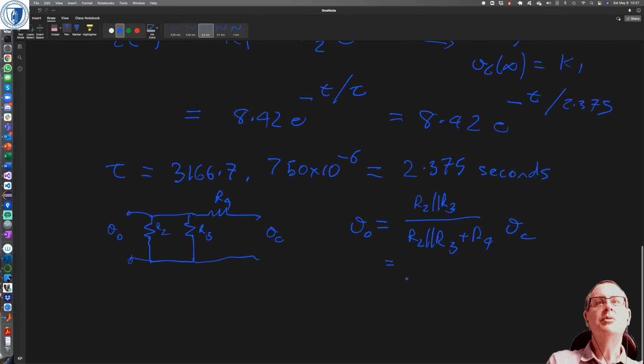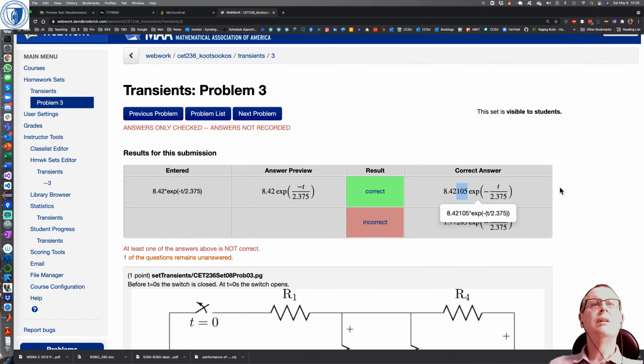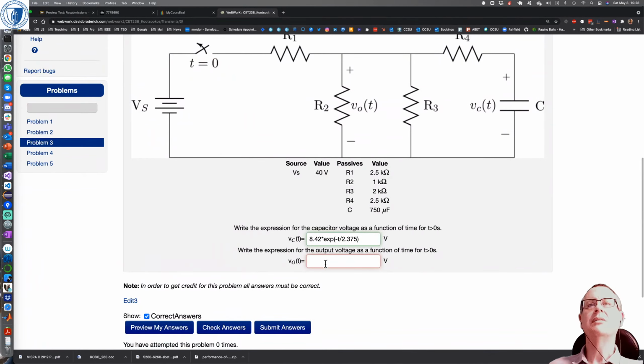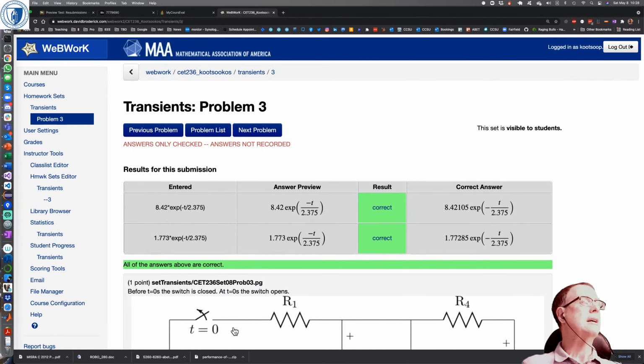So that means my output voltage is 1.773 e to the minus t on 2.375. I can type that 1.773 times exponential minus t on 2.375, and we can check our answers again, and we got everything correct.